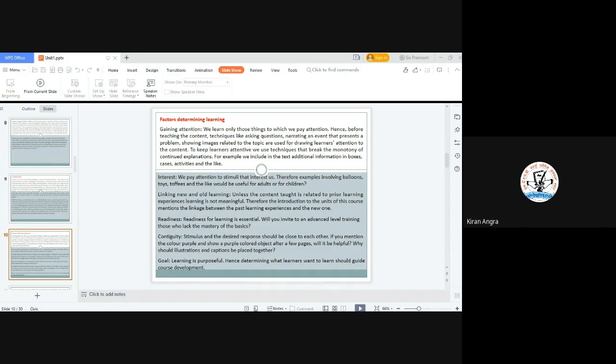Similarly, like behaviorism, cognitivism, no doubt, also underlines the need of practice, but not as a mechanical activity, rather as a mental activity. The cognitivists feel that we construct the knowledge actively instead of just receiving it. As I told you, in behaviorism the teacher is active and the learner is passive.